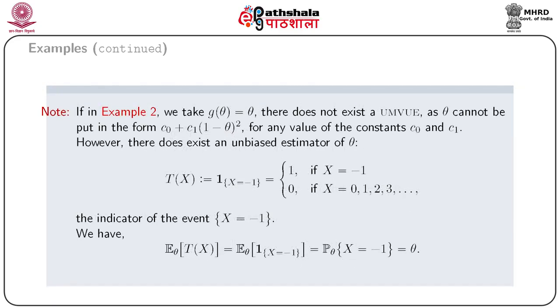Note that if we take g(theta) = theta, then it cannot be put in the above form, and hence there does not exist a UMVUE of theta.